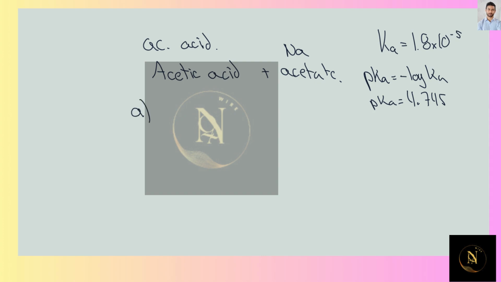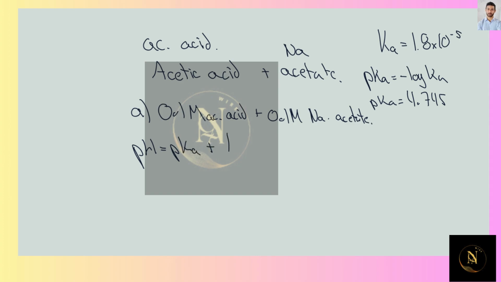So for solution A, we're going to have 0.1 molar acetic acid plus 0.1 molar sodium acetate. Henderson-Hasselbalch equation tells us that pH is equal to the pKa plus the logarithm of the concentration of the conjugate base, in this case would be the acetate minus ion divided by the concentration of the acetic acid.